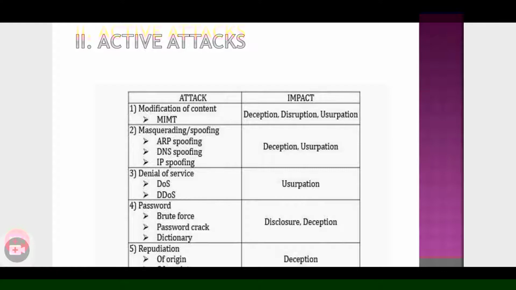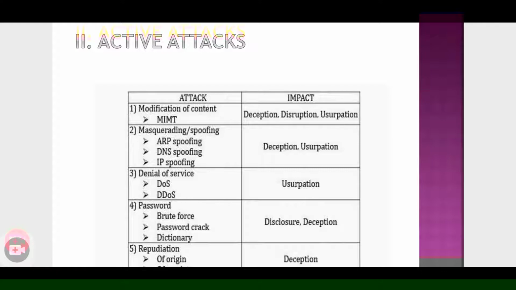The first active attack is modification of content. You can see MITM, that is man in the middle attack. There is masquerading and spoofing. Some entity will pretend to be another entity, that is masquerading.